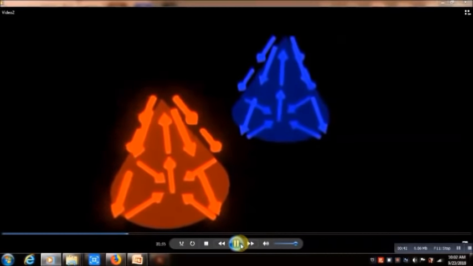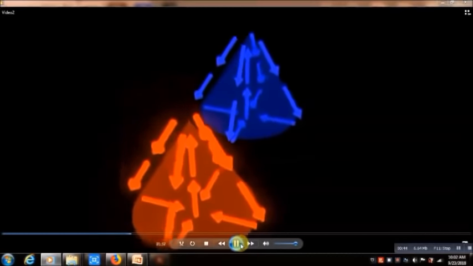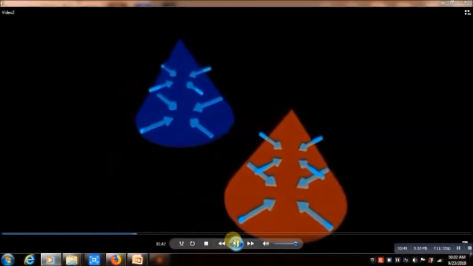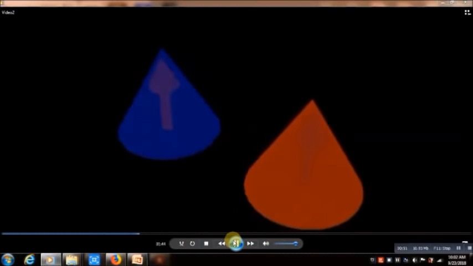However, when a red and a blue cone overlap, or their constituent particles get close enough to interact with each other strongly, the acceleration fields affect each polarity of particle differently.